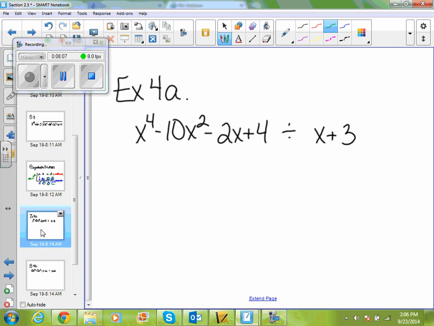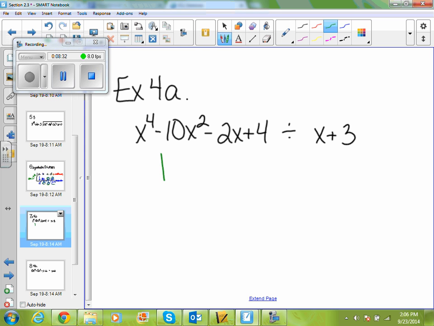Okay, so let's look at this diagonal pattern. Let's look at the polynomial x to the 4th minus 10x squared minus 2x plus 4, and we're going to divide it by x plus 3. The first thing I'm going to do is write down my coefficients.